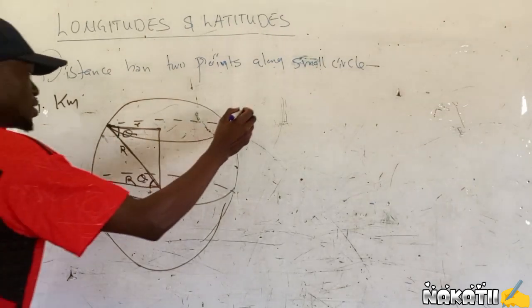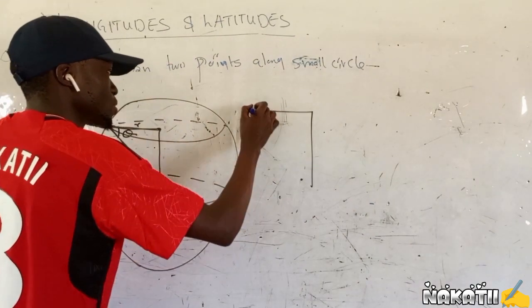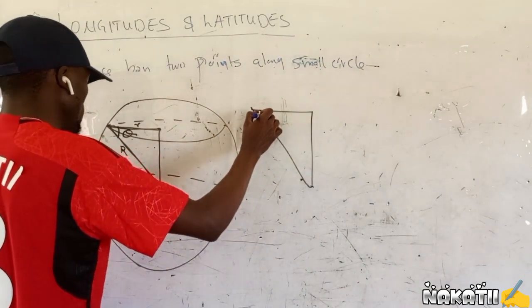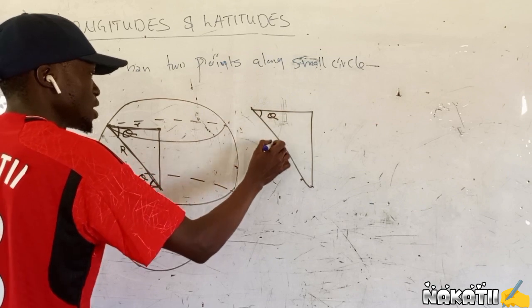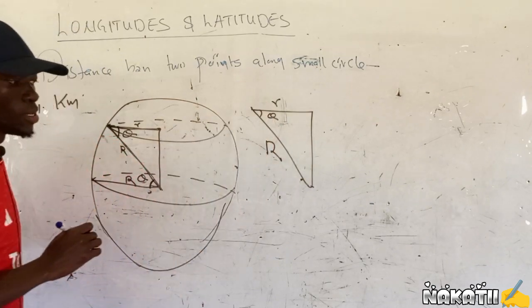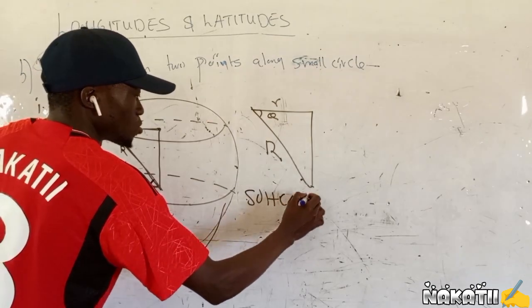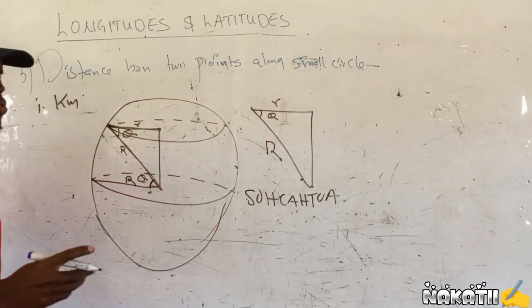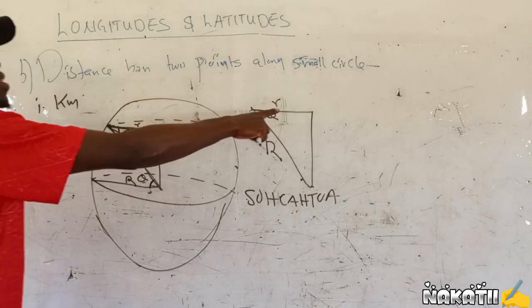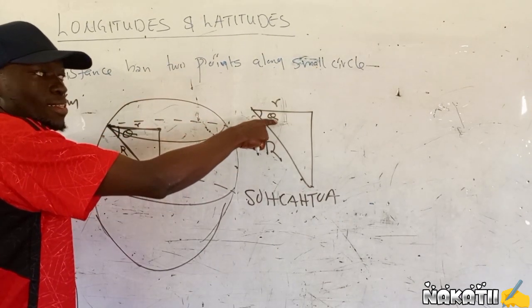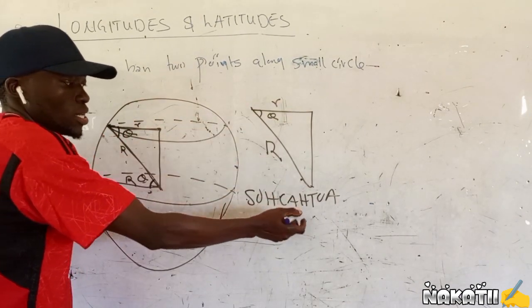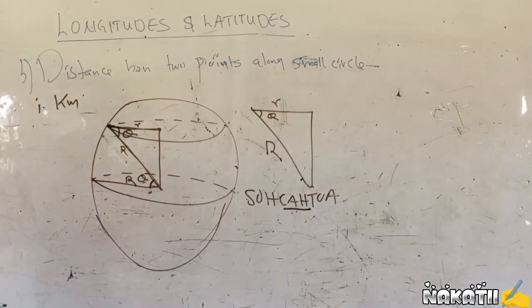So if I extract that triangle like this, this is theta, and this is R, this is small r. Then using SOHCAHTOA, we see which one can relate this side and this side. Here, this is adjacent and this is hypotenuse. It is K, cosine, which relates.